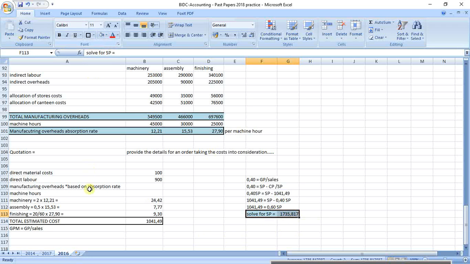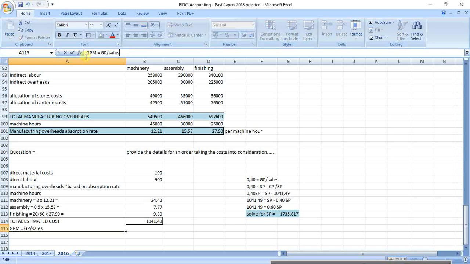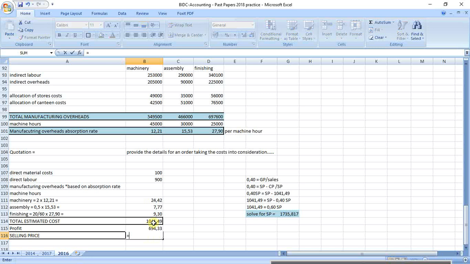There's the final answer. Now the gross profit percentage on sales. The 40% is the percentage. The profit is this minus that, which gives you the profit. The selling price, or the quoted price you would give your customer, would be this plus that.